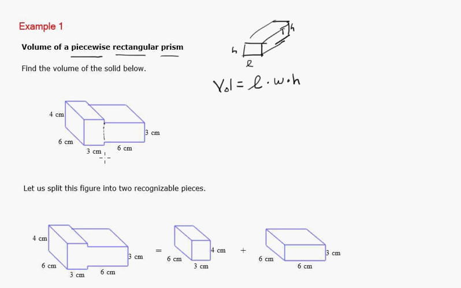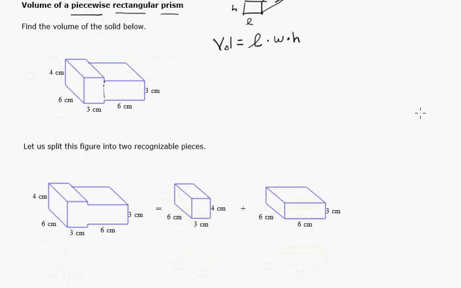The way we would find the volume here is we'd find the total volume, the volume of 1 plus the volume of 2. So we call this part 1, and this would be part 2.